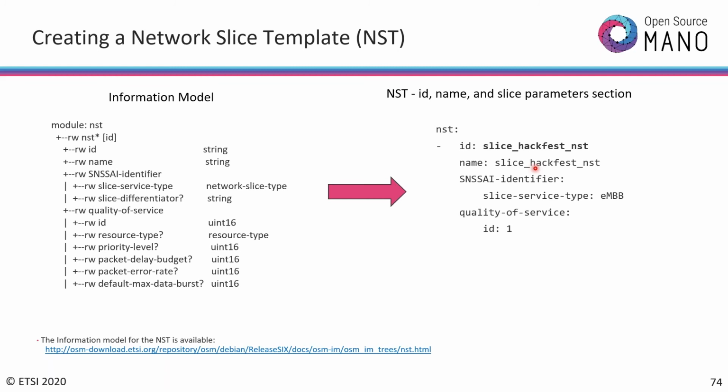What we are doing now is having these parameters in the network slice template, because if someone reads the slice definition, they can identify which type of service you are deploying and setting the quality of service. If you fill all these parameters, then you have more information about it. But currently, you have to allocate at least one quality of service.